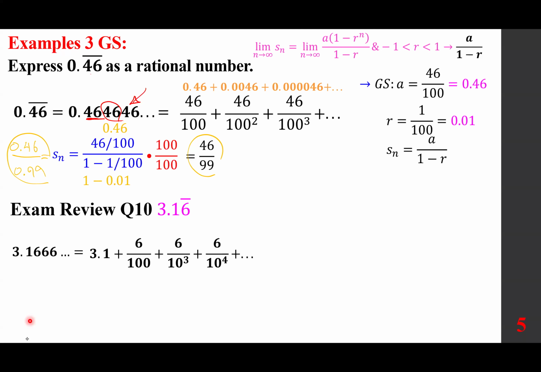So this part is the repeating part, either in the form of a fraction or decimal, makes no difference. And this is the part that follows a geometric series. So what is the first term?